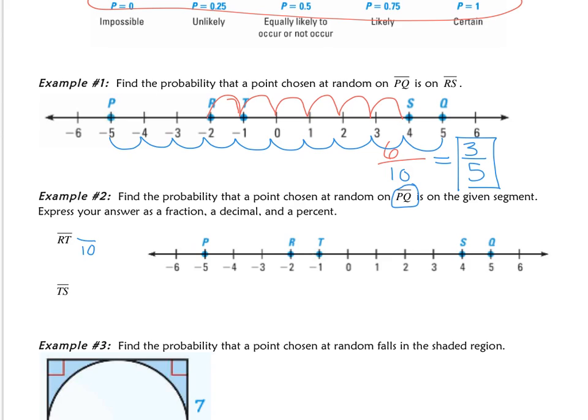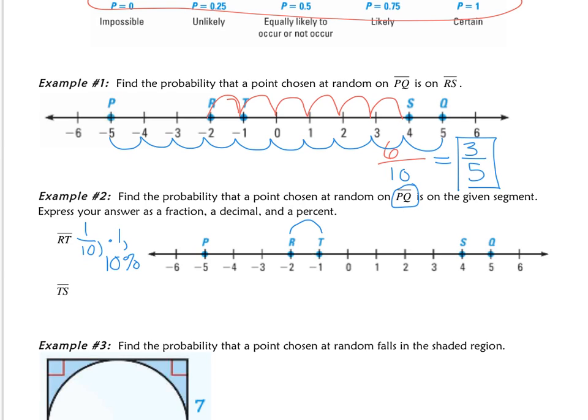Now if I want to pick a point randomly on RT, notice RT is only 1 unit long, so it's a 1 out of 10 chance. That's my fraction. As a decimal, that would be 0.1, and as a percentage, I have a 10% chance of choosing a point on RT if I was picking from PQ.